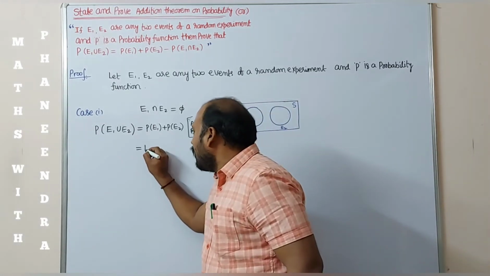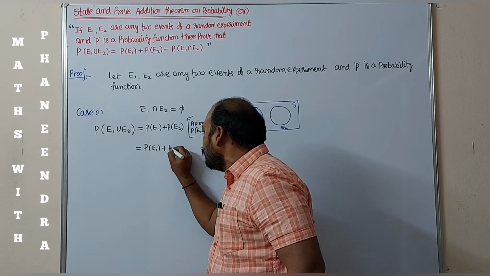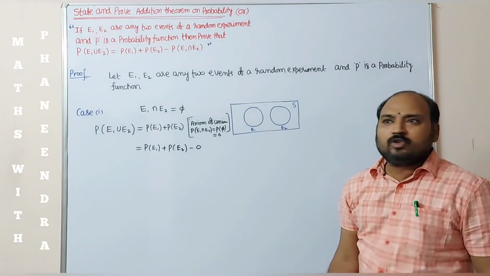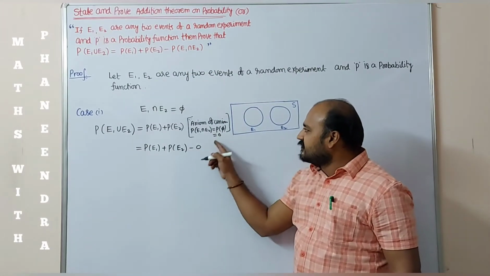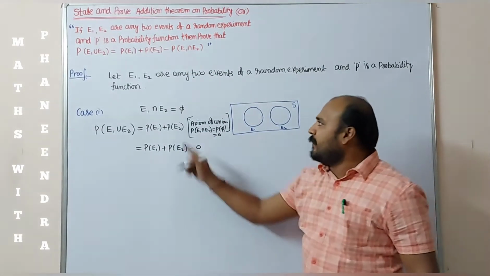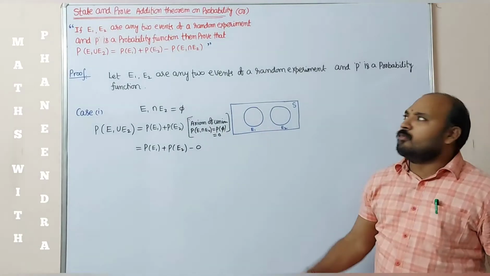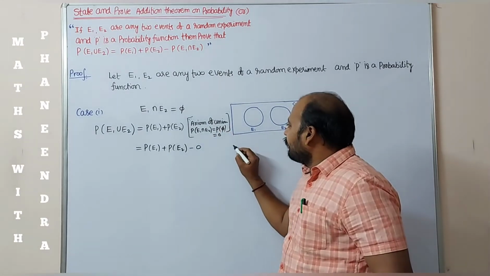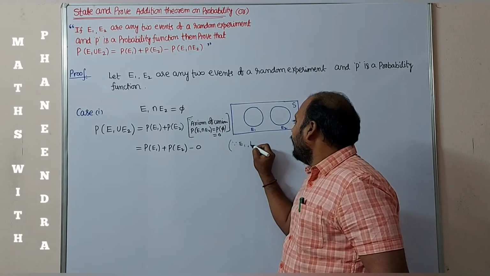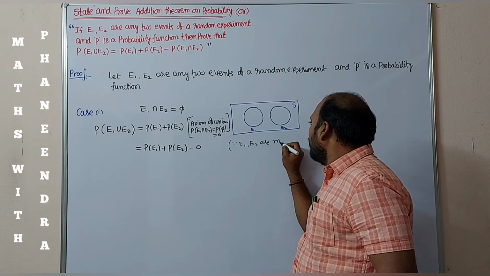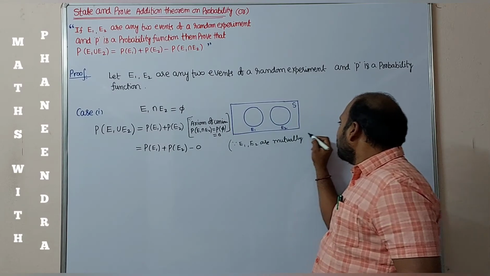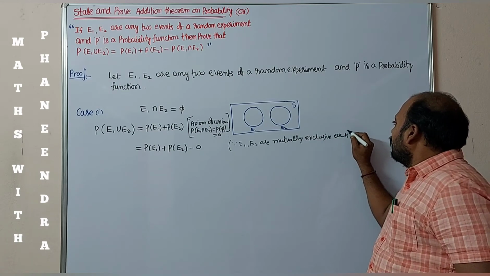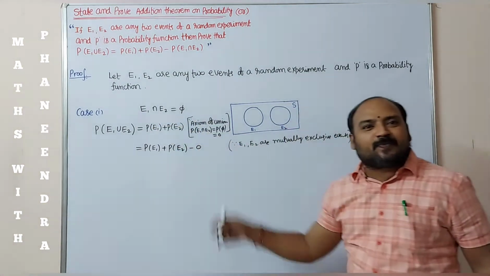So can I write like this: P of E1 plus P of E2 minus 0? To prove this result, in place of 0 we write P of E1 intersection E2. Why? Since E1, E2 are mutually exclusive events, the intersection is phi.